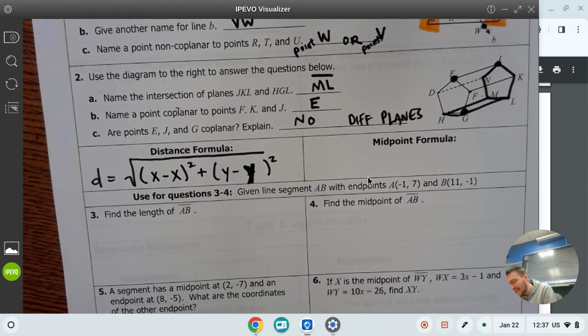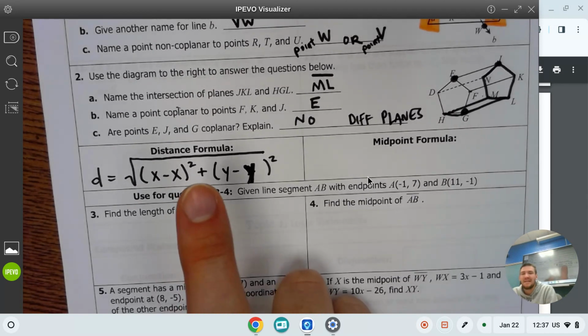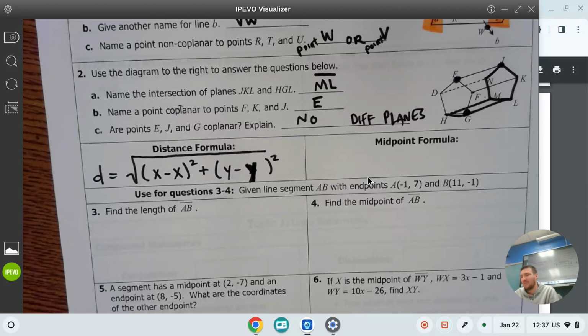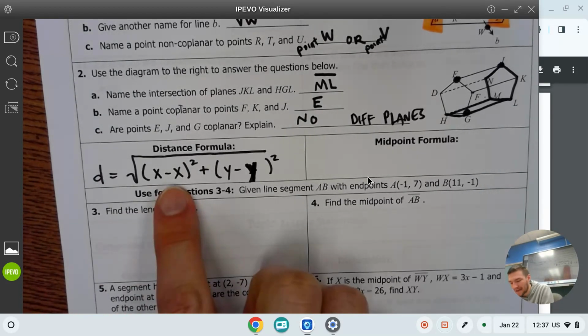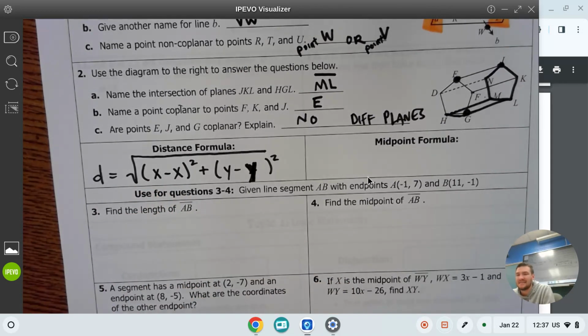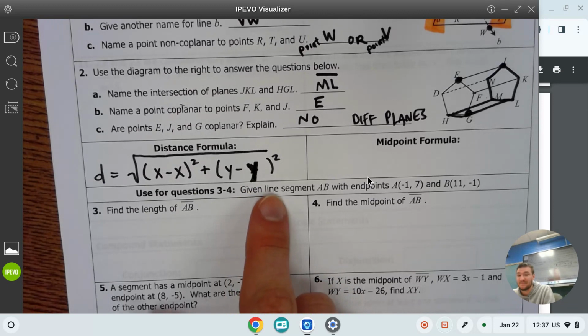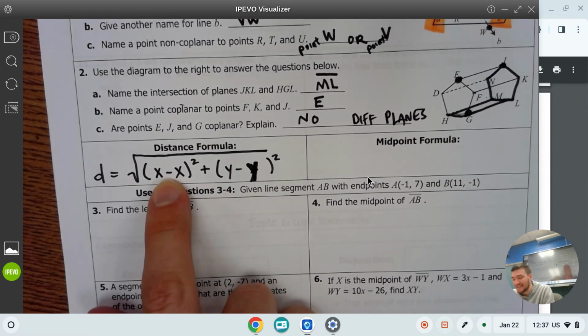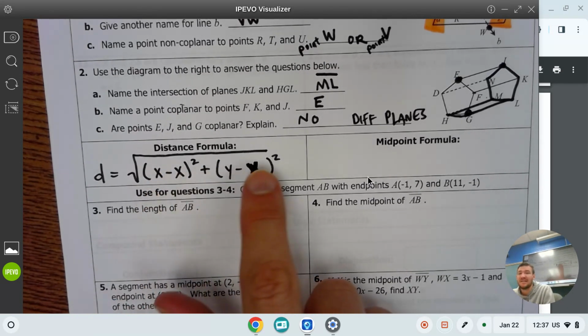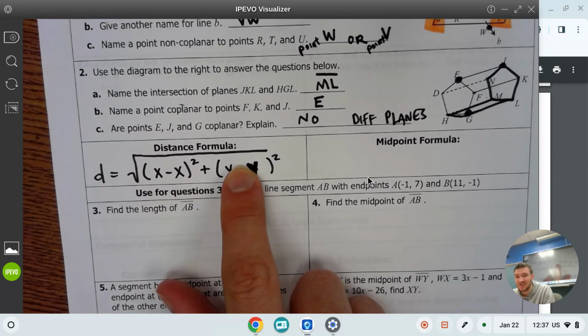Now, funnily enough, this distance formula, which looks like a totally random, jumbled mess of letters, is actually the Pythagorean theorem. This is your x change. This is your y change.